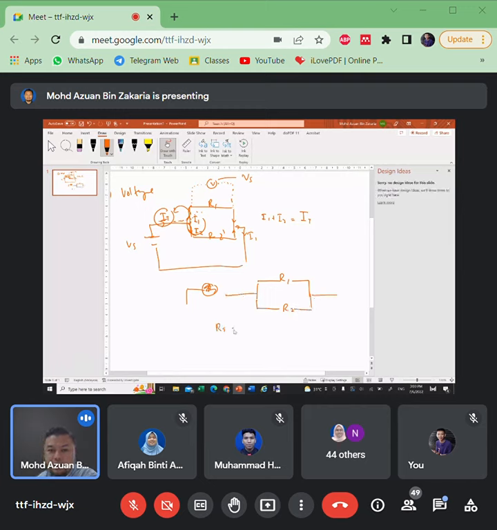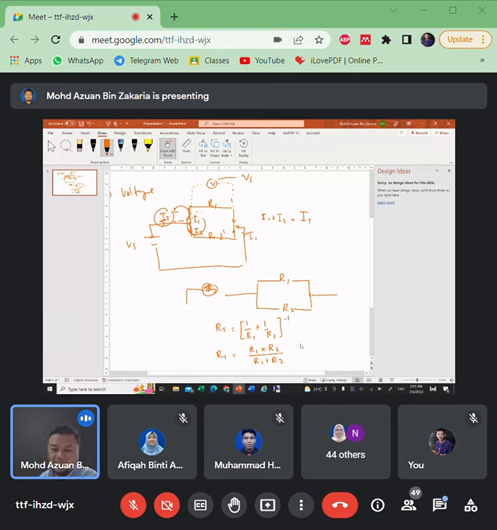R total equals 1 over R1 plus 1 over R2, and reciprocate. Another way, if only two resistances, you can also use this one: R1 multiplied by R2 divided by R1 plus R2.